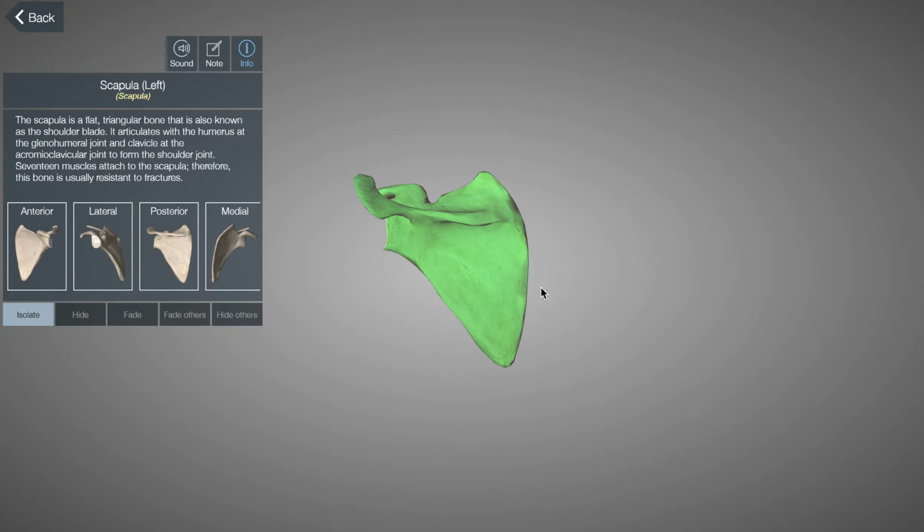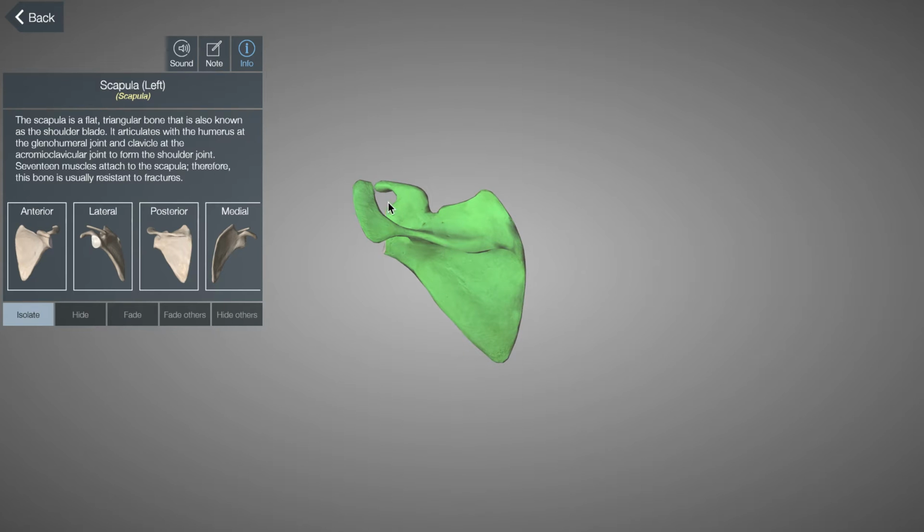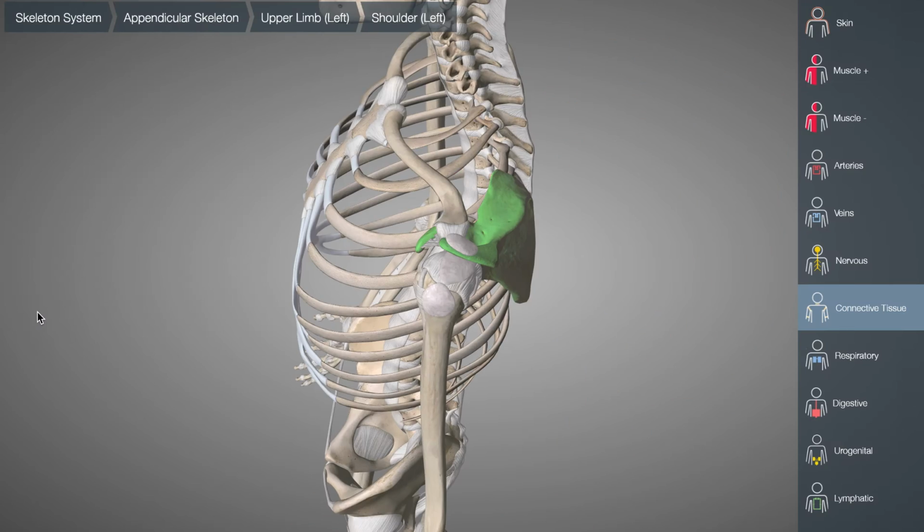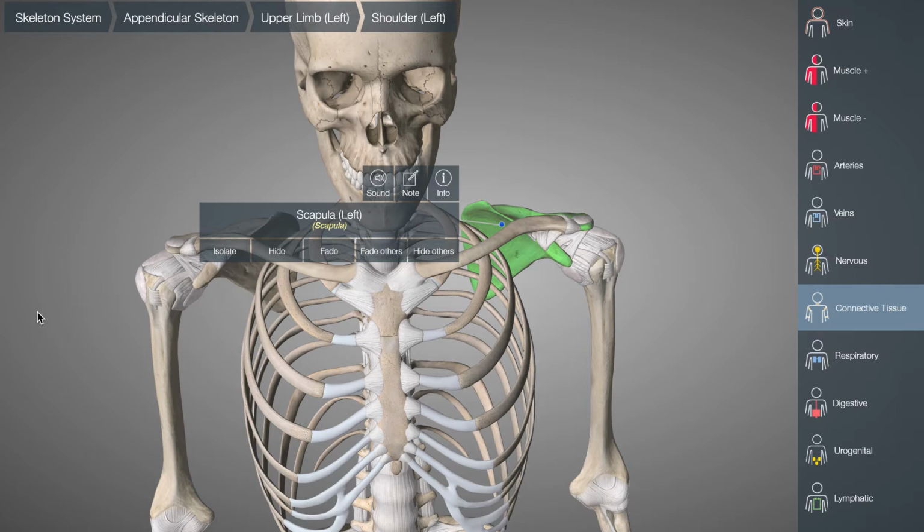This is the medial vertebral border, inferior angle right over here, the lateral border, and let's get to these two processes now that we're sort of oriented. This is the acromion process, and this right over here is the coracoid process. Those are going to be points of muscle attachment. This over here is the superior border, so this is towards the head. Anything superior is usually up, cranially, versus inferior.